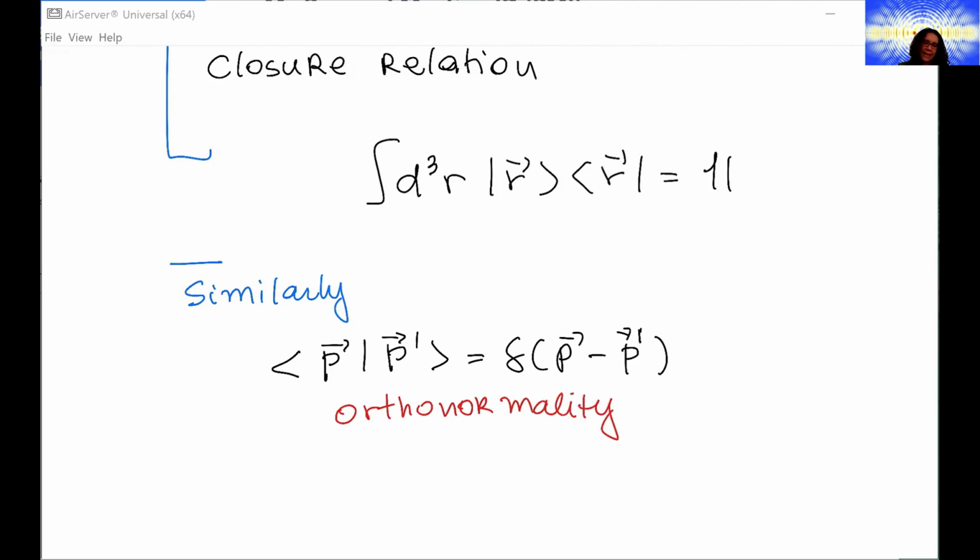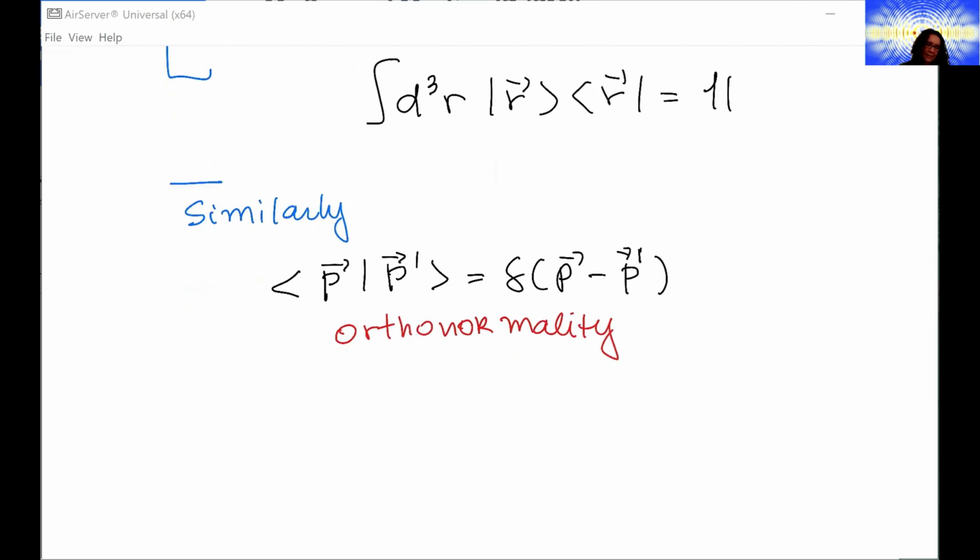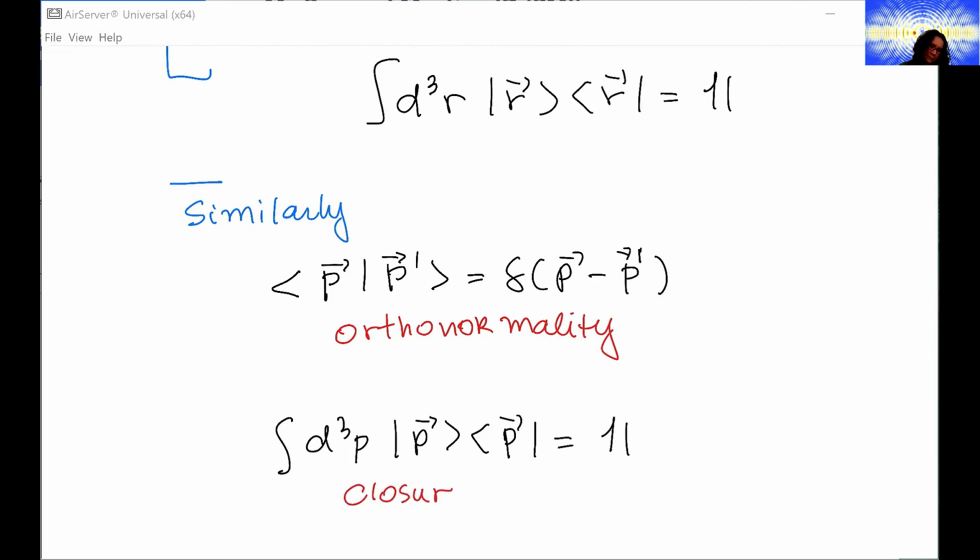And we can also say that the integral d3p of ket p bra p is the identity operator. So this is the closure relation. Fair enough. So far, so good.